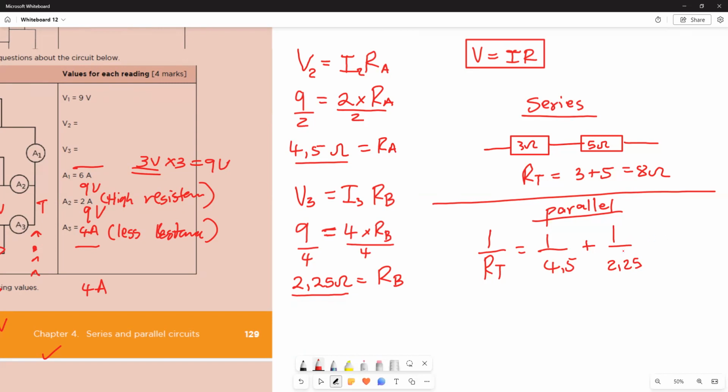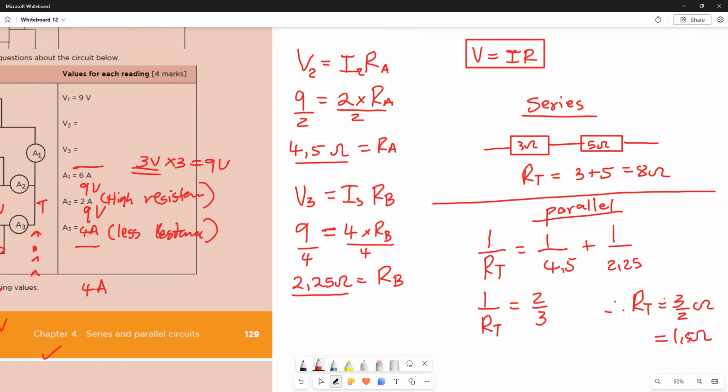Now let's add 1 over 4.5 plus 1 over 2.25. Now we're going to have 1 over RT, which is 2 over 3. Therefore, you flip this, you're going to have RT equals 3 over 2 ohms, which is basically 1.5 ohms.